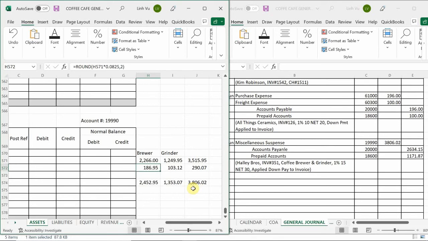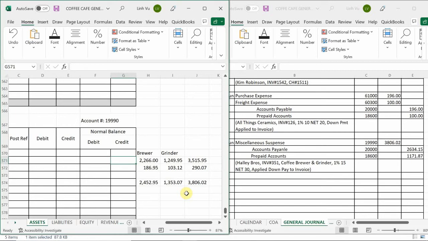Yes. So in this case, I'm going to make a note in my notes, so at least I know how much was the coffee brewer and how much was the coffee grinder, to give me the grand total of $3,806.02. Because when we take it out of miscellaneous suspense, at least I can keep track of each and every single one of them.